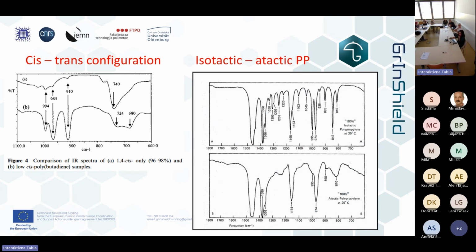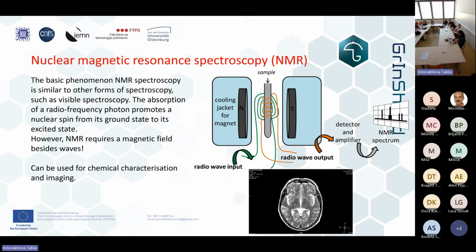And also tacticity, as I said: here are the spectra of isotactic polypropylene on the top and atactic polypropylene on the bottom. We see it's a very big difference, and so from this we can also calculate some degree of tacticity. So that would be all about FTIR.